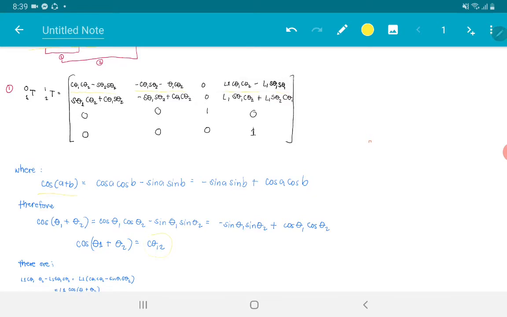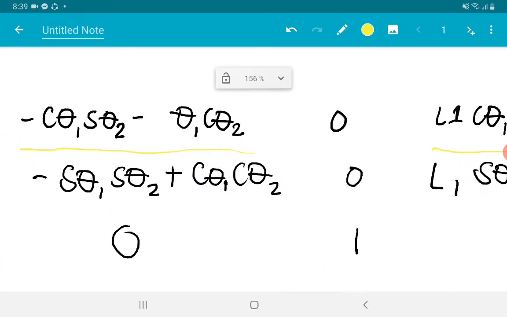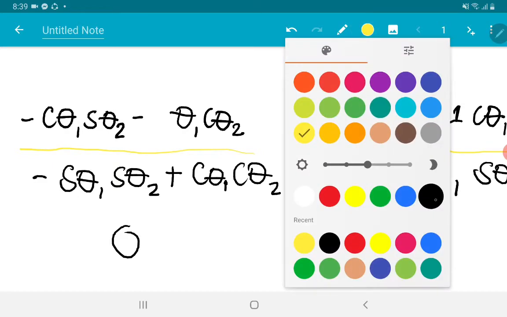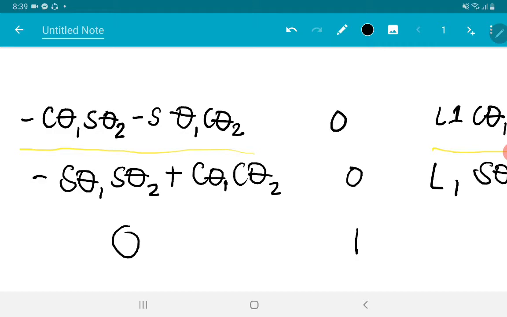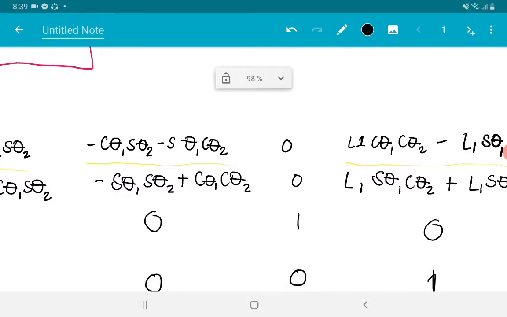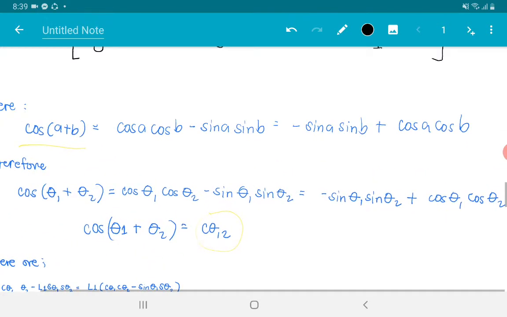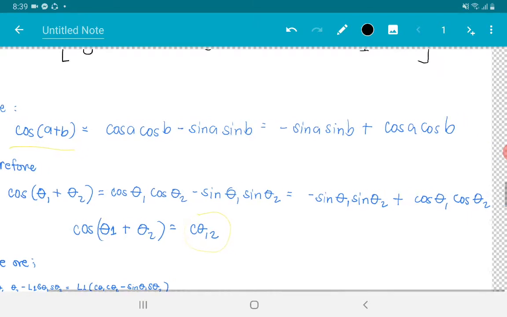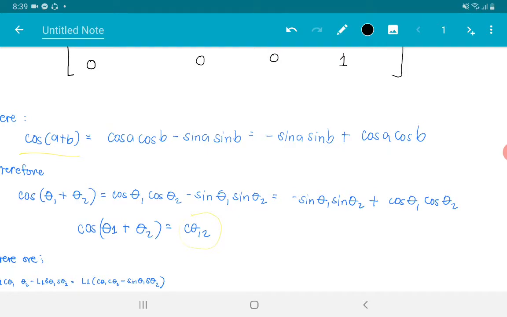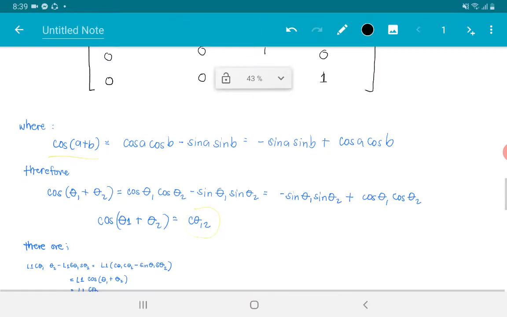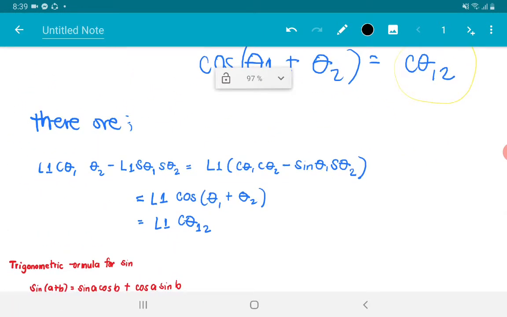So we can, actually, there is something missing from this one. So there is sine, or simply s theta 1, missing. So we can use this formula for this first equation.